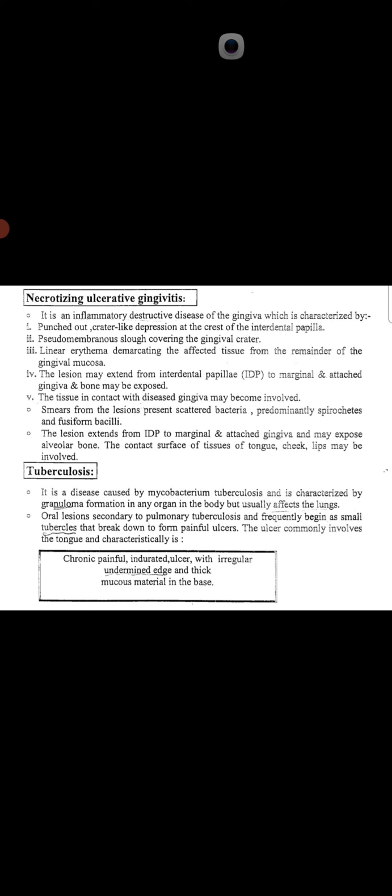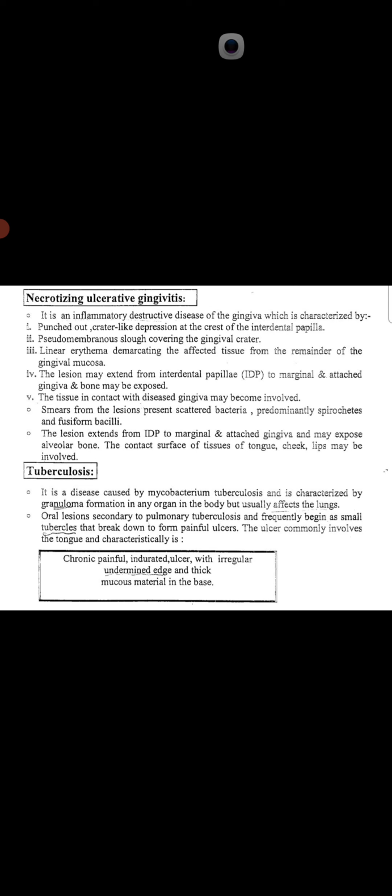Now come to the second bacterial infection in oral medicine, tuberculosis. It is a disease caused by Mycobacterium tuberculosis and is characterized by granuloma, because in tuberculosis granuloma formation occurs in any organ of the body but usually affects the lungs.